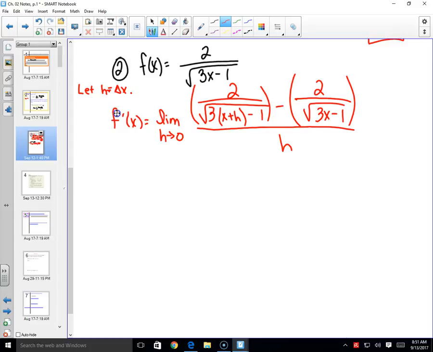So my formula is f prime equals, just remember what I'm plugging into, the limit as h approaches 0 of f of x plus h minus f of x. Does that make sense? So I took f of x in this spot and plugged in x plus h. Good.